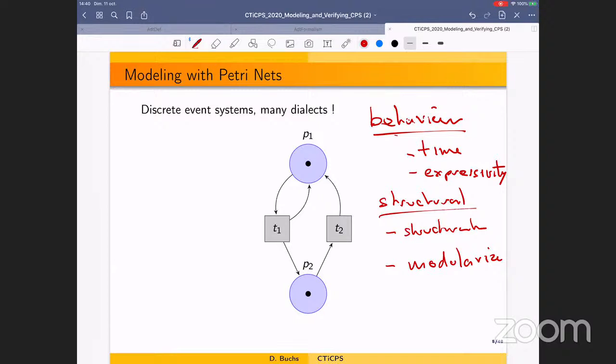The transitions represent possible discrete events. So this is important, the fact that it's discrete. And finally, tokens represent the current state of the systems, and the arcs represent the pre and post conditions.